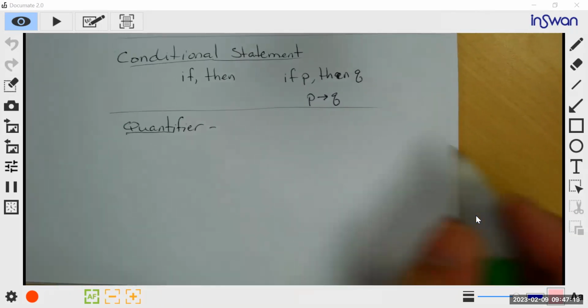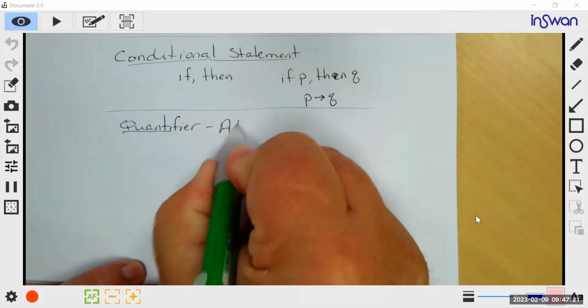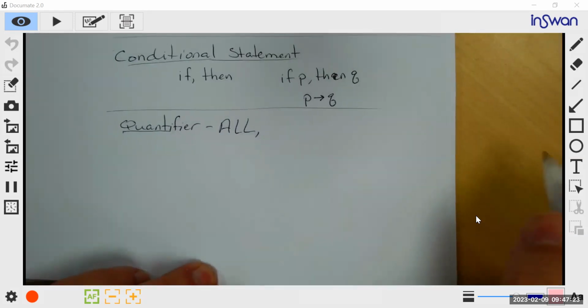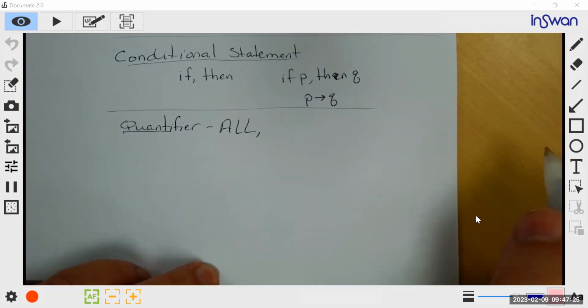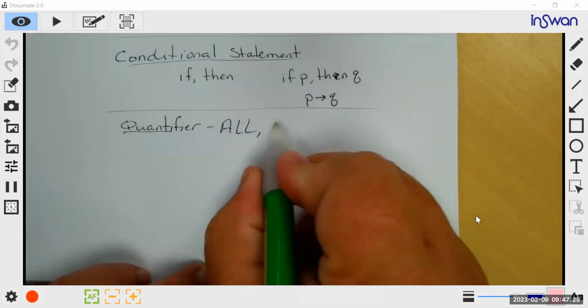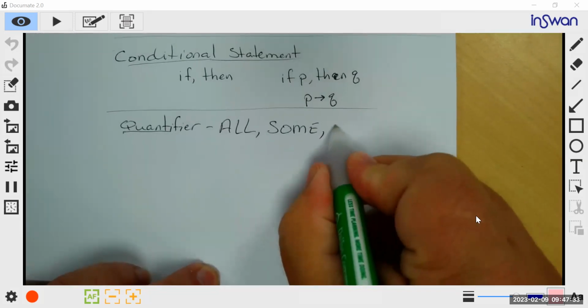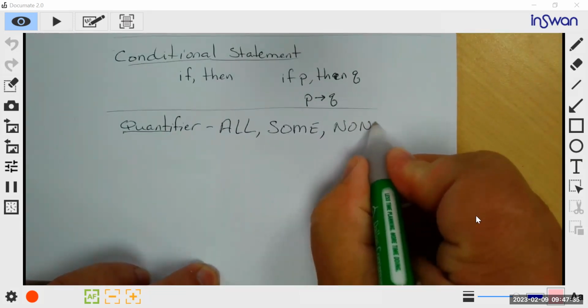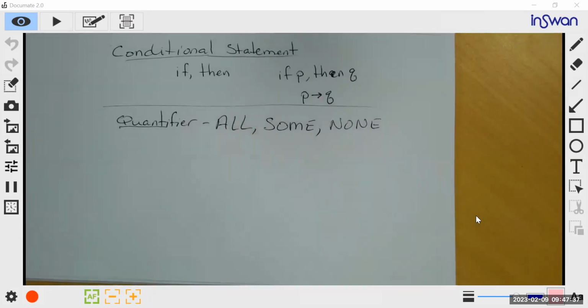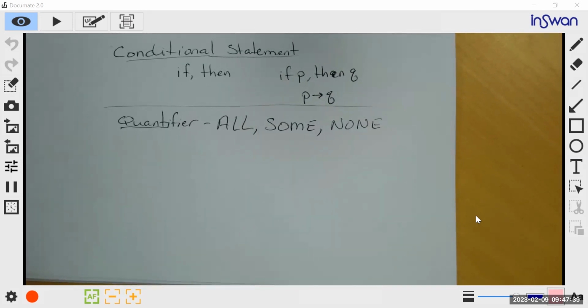Example: all. What's another quantifier? Some or none. These are the most common quantifiers. They're all subsets, at least one, at most.